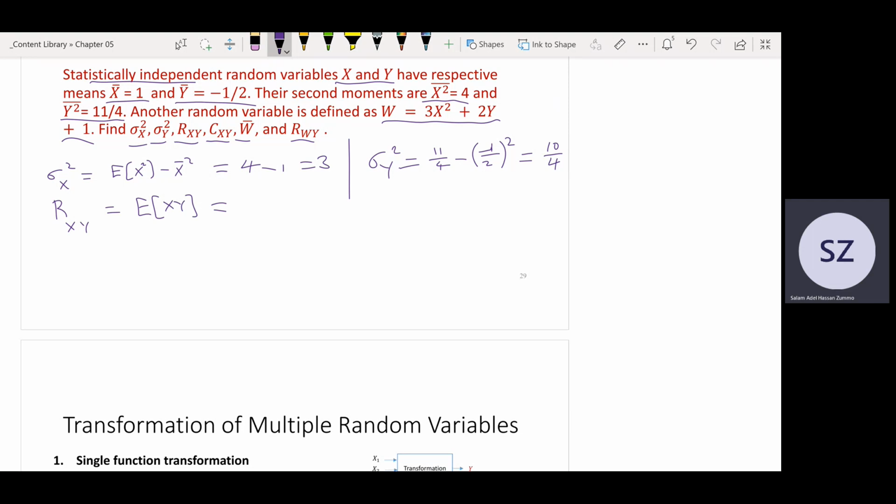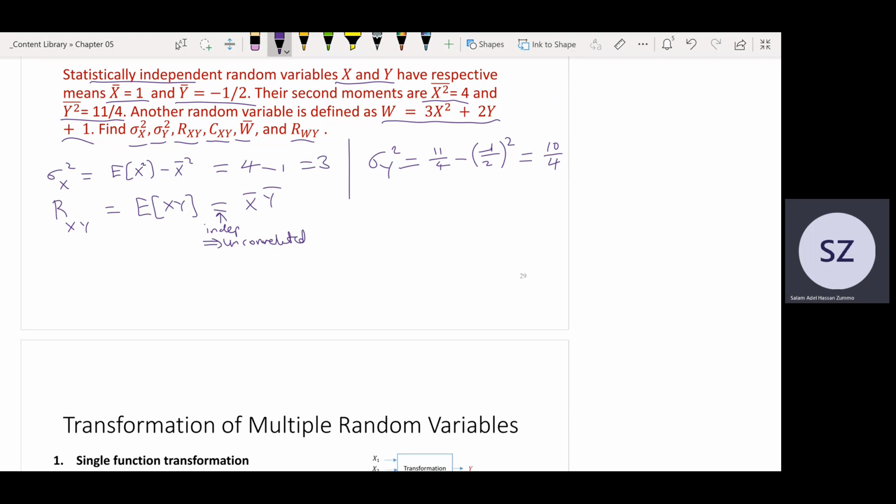So now how to do it? Otherwise, if they are not independent, what do you need to do? You need to integrate x multiplied by y times the joint PDF, right? But you don't know it, I didn't give you the PDF. So you need to use your information: they are independent, and independent means uncorrelated. So what do we get if they are uncorrelated? Yes, because independent means uncorrelated.